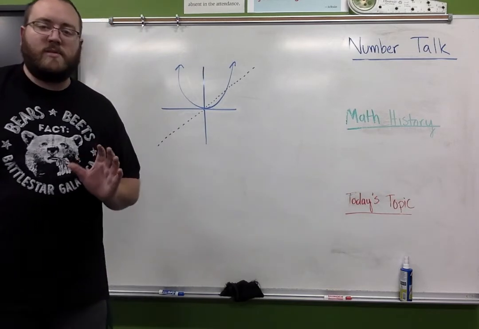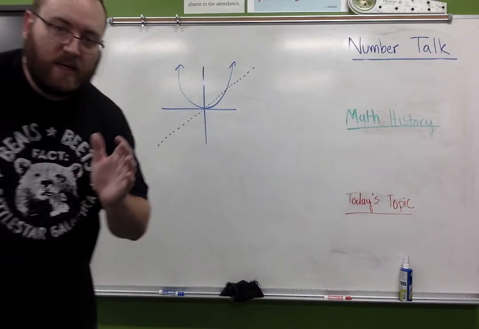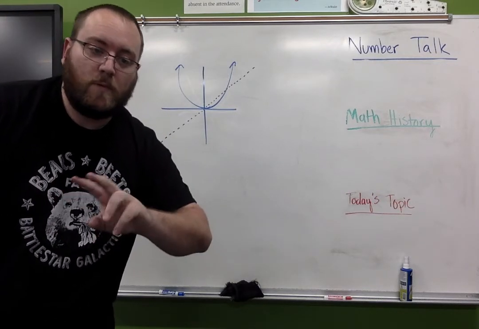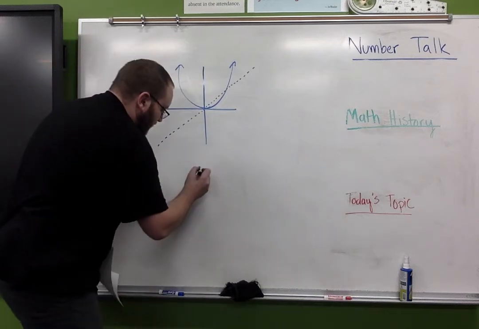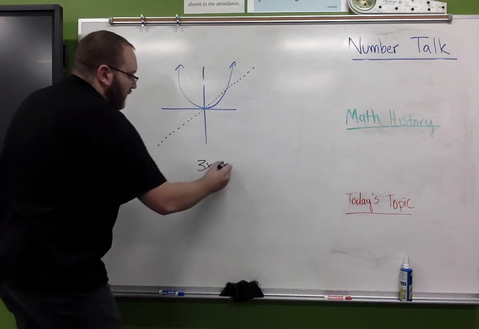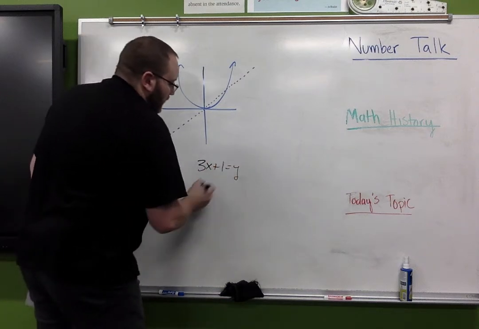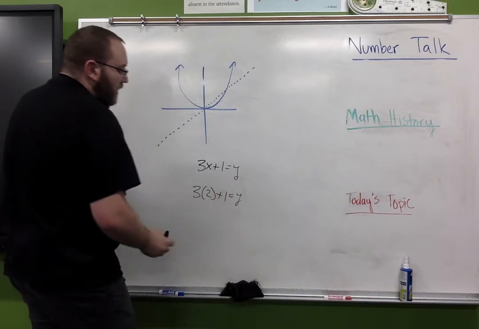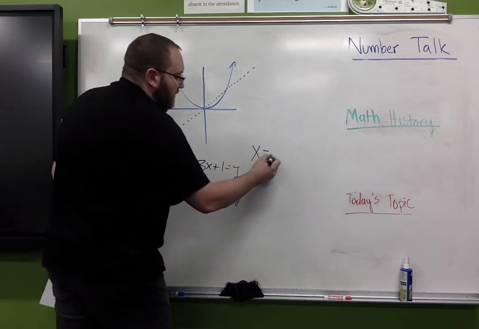The reason why we use the line y equals x is because we switch x and y. We treat them as equals because, right, when we do something like this, 3x plus 1 equals y, and I plug in 2 for x, I'm saying that x is equal to 2.